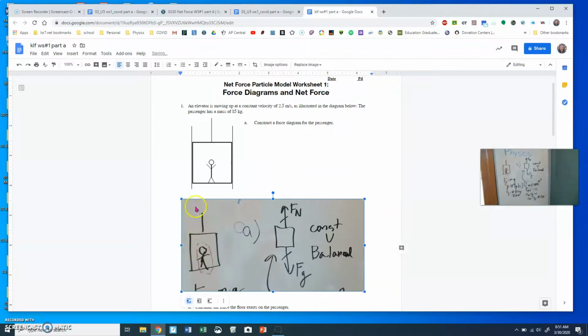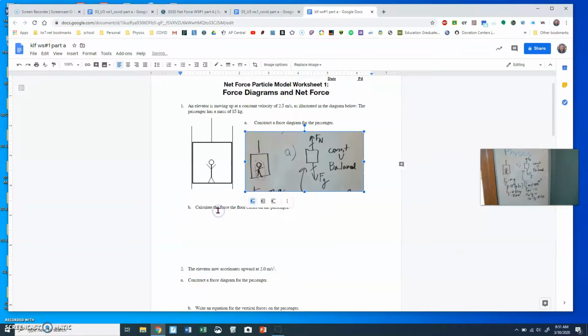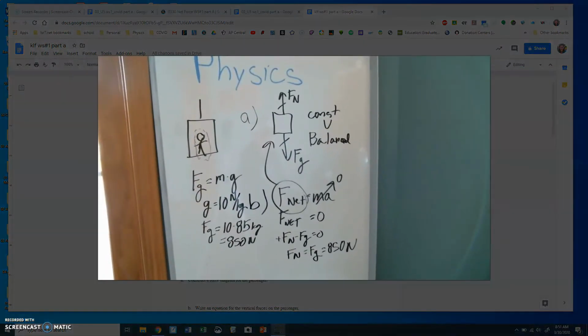Now I can adjust this a little bit so it fits. I don't have to worry about it sticking to 2 pages, but I like it to fit just because that's me. I'm going to go back to my camera. Then part B asks for the calculation, and I'll just put all this down there since I did the work.